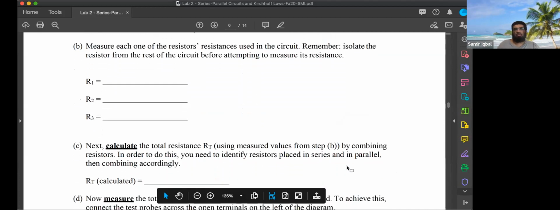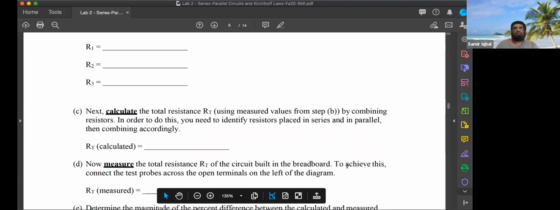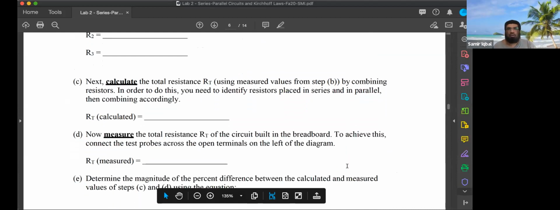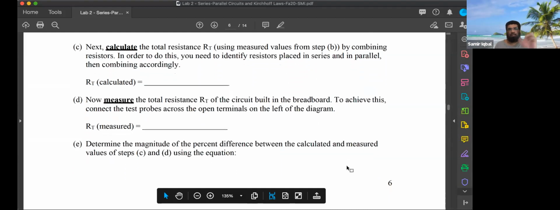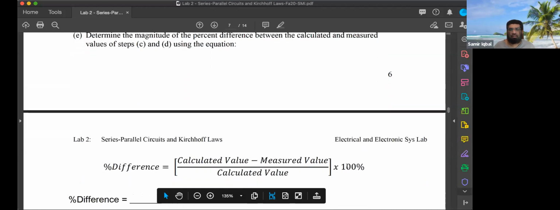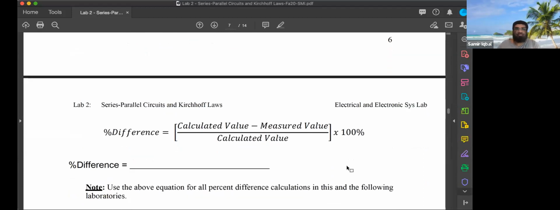Now you'll calculate what the total or equivalent resistance should be, and put the calculation there. Then you'll measure the total equivalent resistance using your multimeter. Then you use a simple equation to find the percentage difference, the error, between what you expect and what you get.